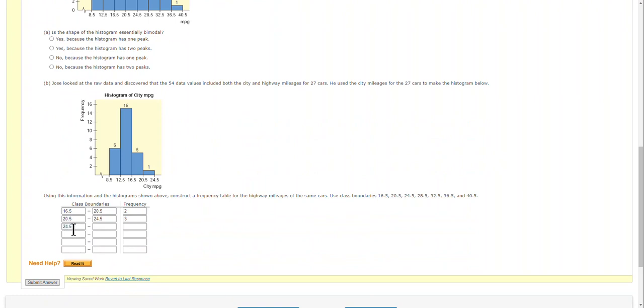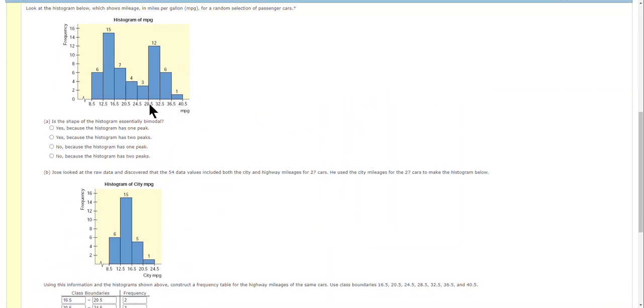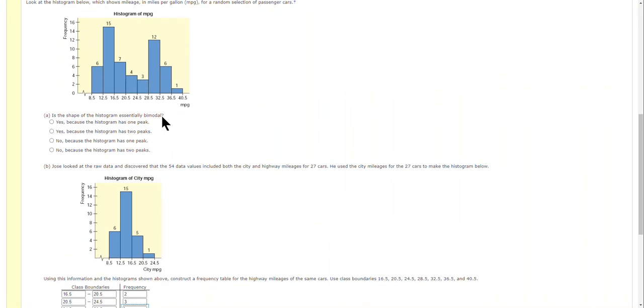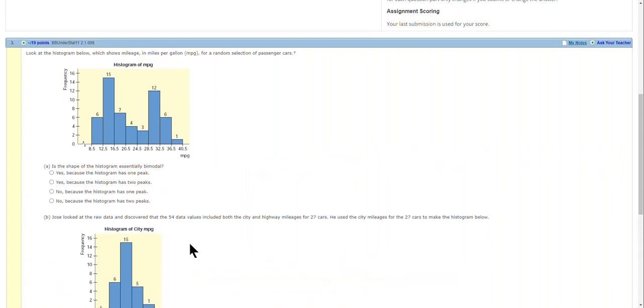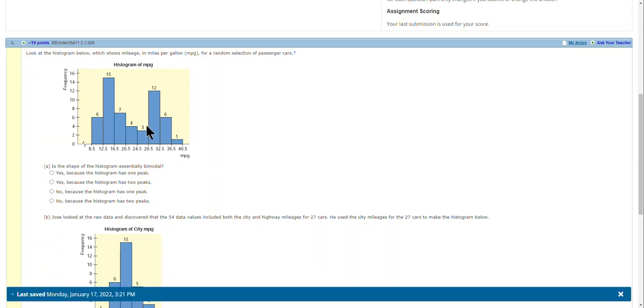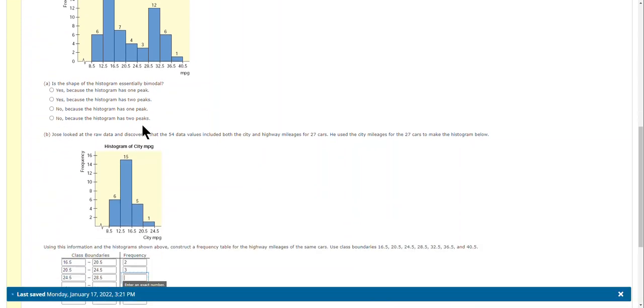Okay, so for the next group, 24.5 to 28.5, there are 3 for all vehicles.